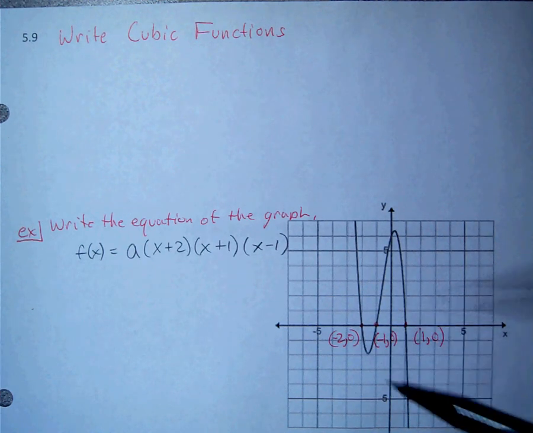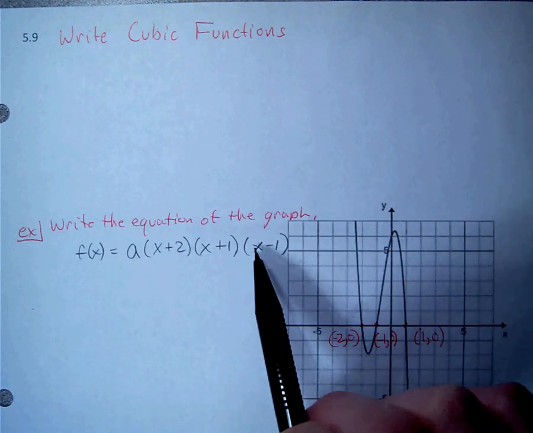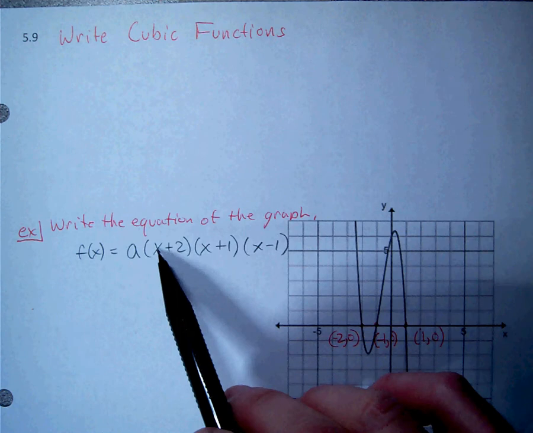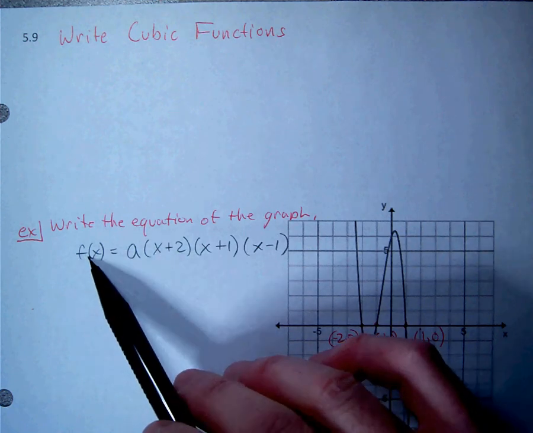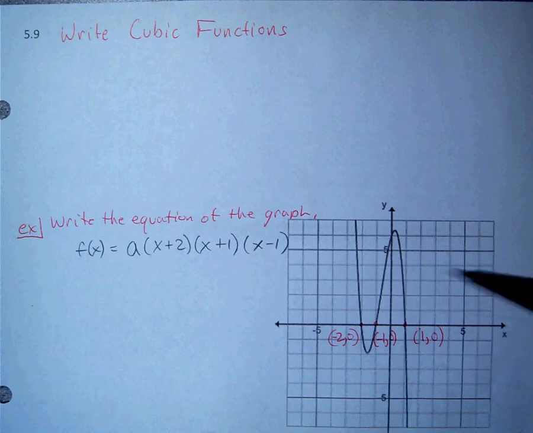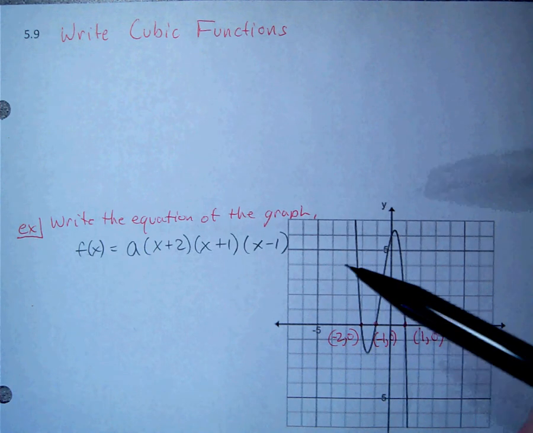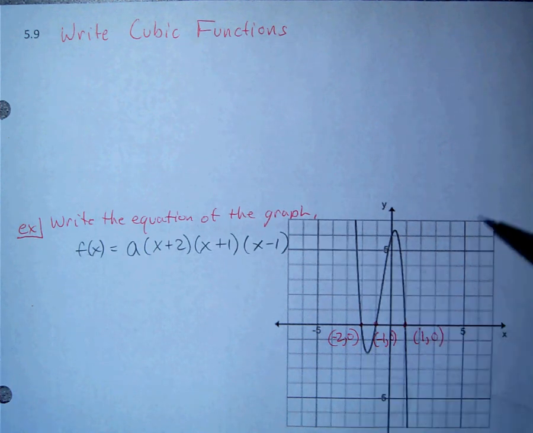We can use that other coordinate to temporarily fill in for the x and the y, and then solve for a. It's kind of like solving for b when you do slope-intercept form. You take an extra point, substitute it in, solve it.